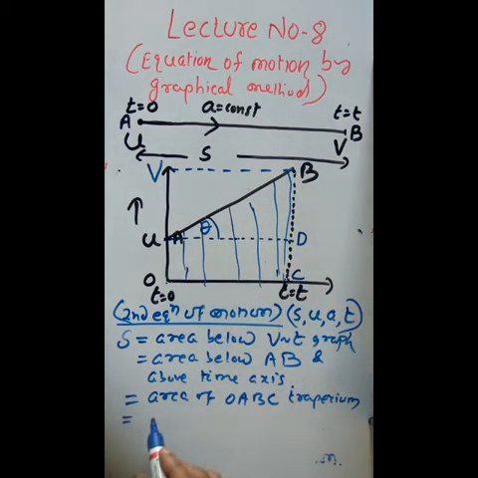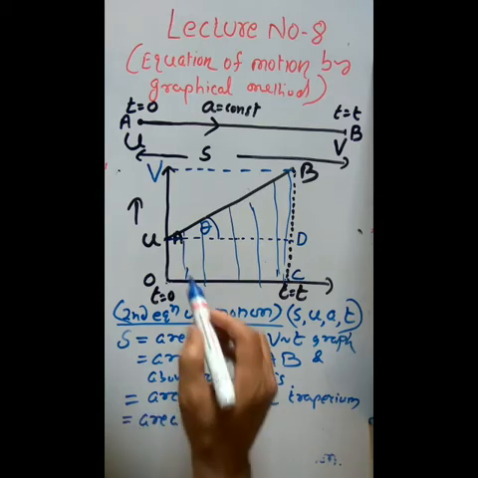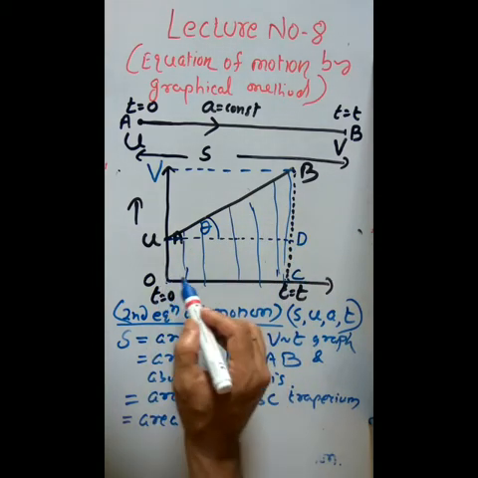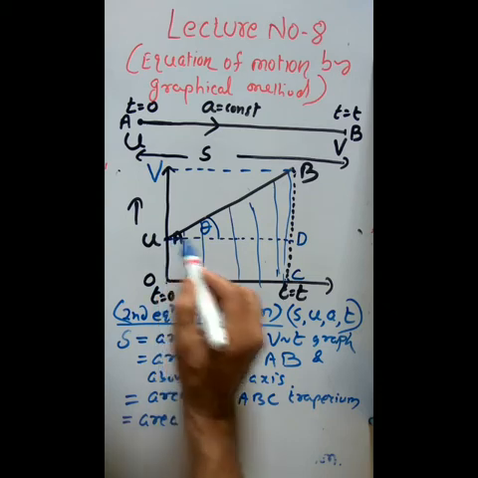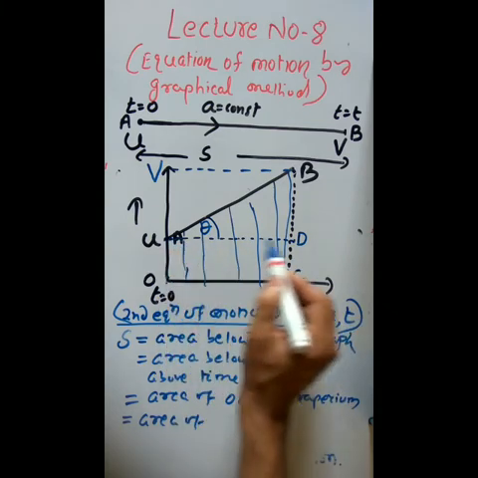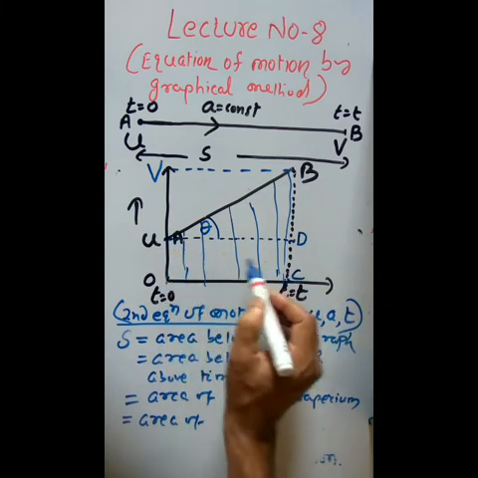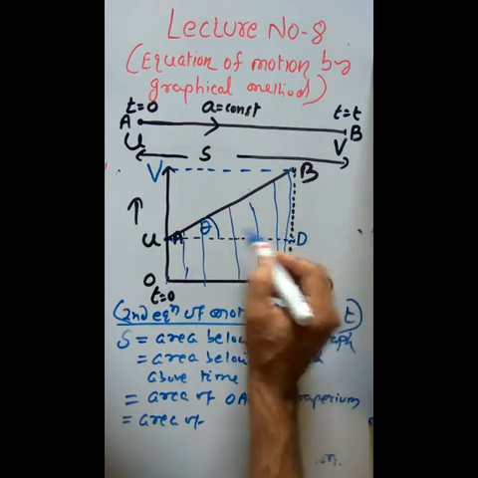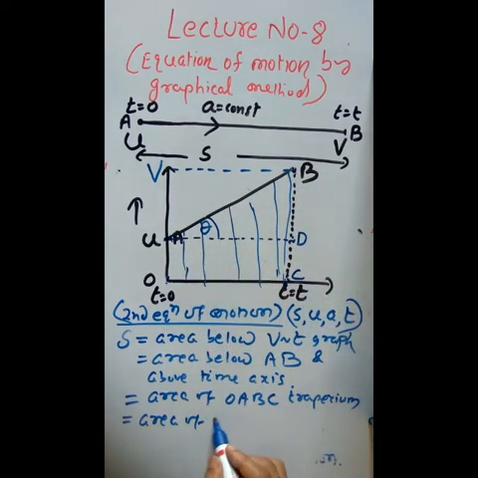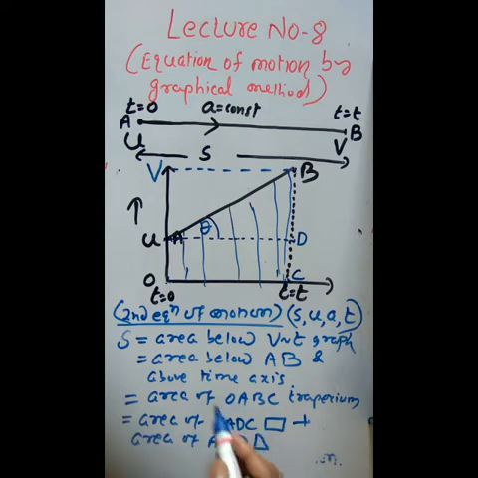So the total area is equal to the sum of OADC, which is a rectangle, and ABD, which is a triangle. So the area of the OADC rectangle plus the area of the ABD right angle triangle is the total area below the AB graph.